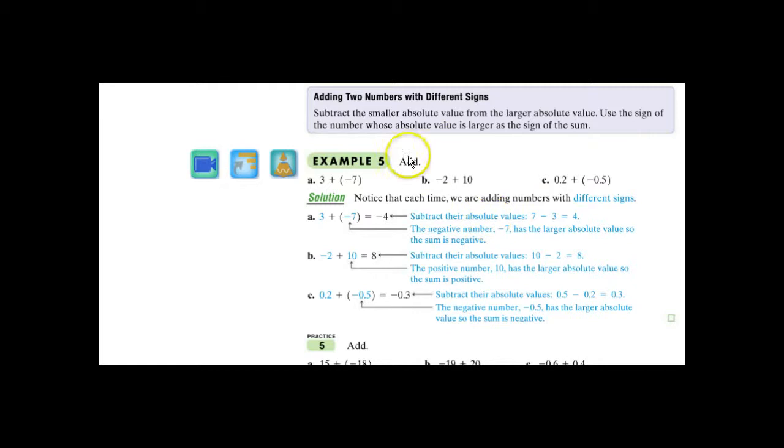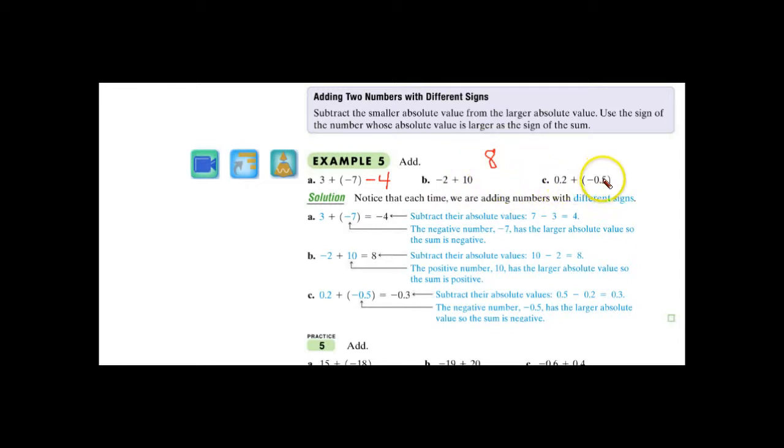So let's do some examples. If we subtract this, this is going to be a 4 here. And the larger absolute value is negative, so negative 4. Subtract these, we're going to get an 8. And the larger absolute value is positive, so it's 8.